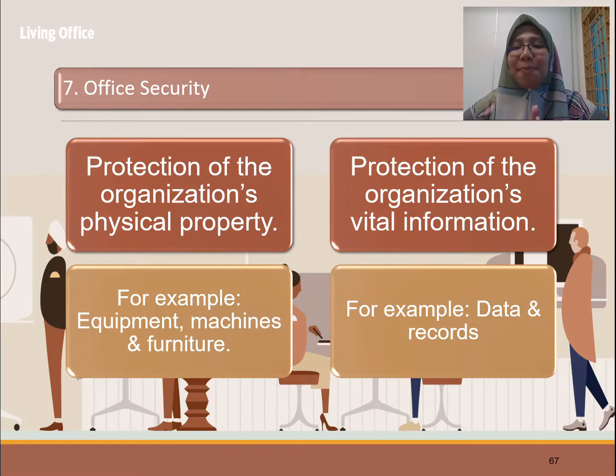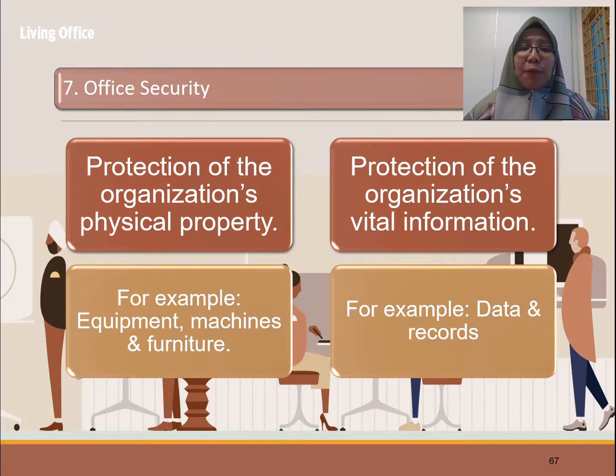Now, the last part is the office security. So, how are you going to apply your office security? The first one, we have two. The first one, in office security, we need to have a protection of the organization's physical property. The second one is we need to have the protection of the organization's vital information.